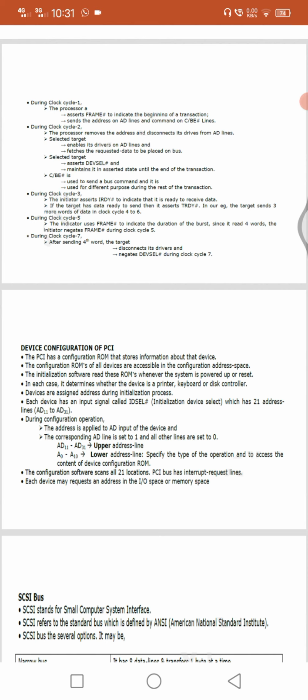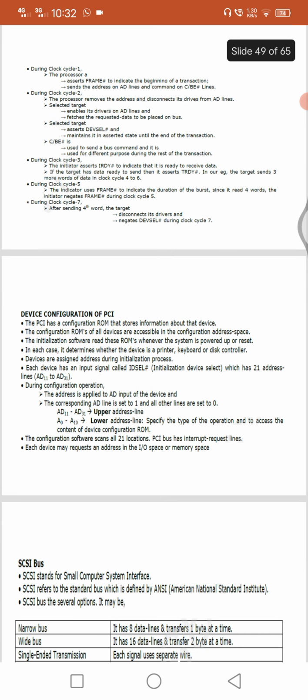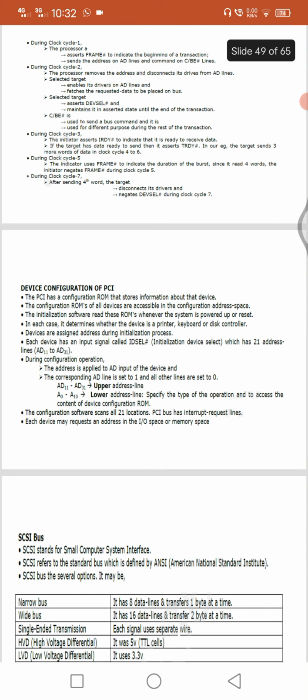So if you want to perform any action, we must first initialize. During the initialization process, we place an address on the address lines. Each device has an input signal called IDSEL, that means initialization device select. It has 21 address lines, AD11 to AD31.